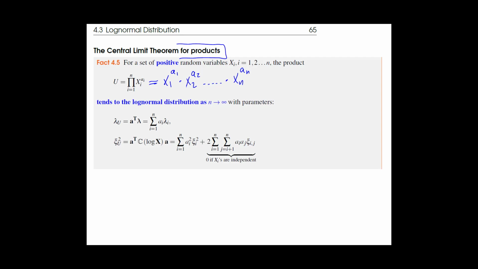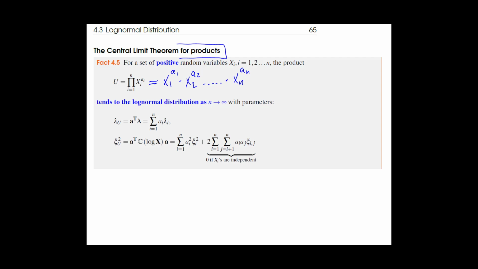That's what that means. Now the powers are constants, the ai's. You can see that any type of ratio or product can be expressed in this form.